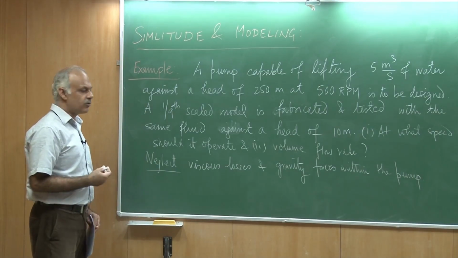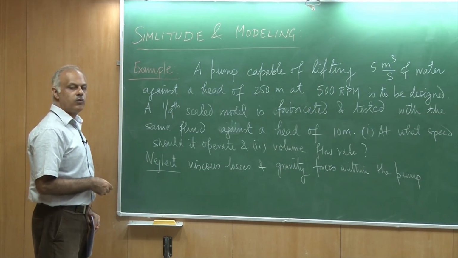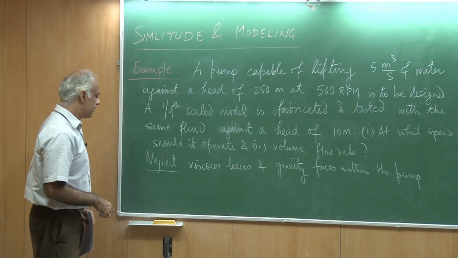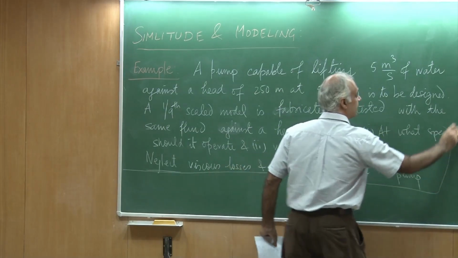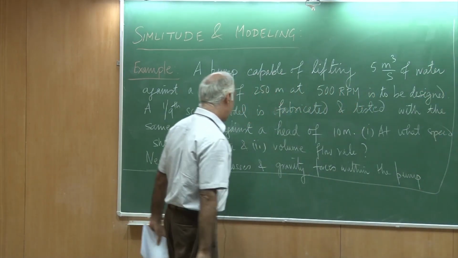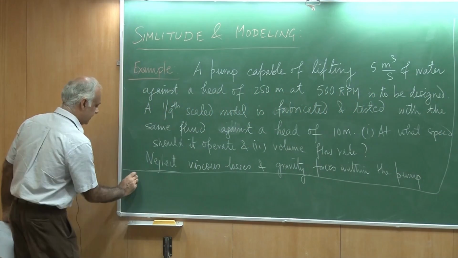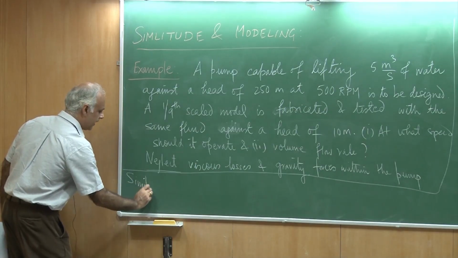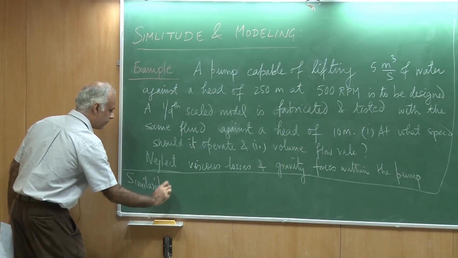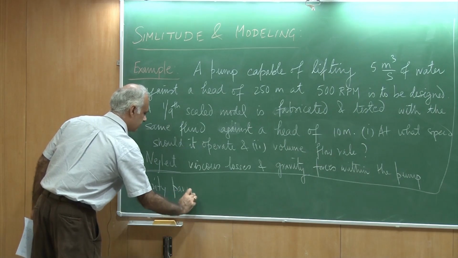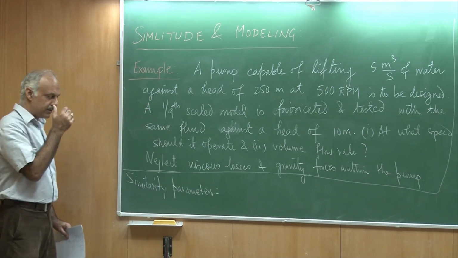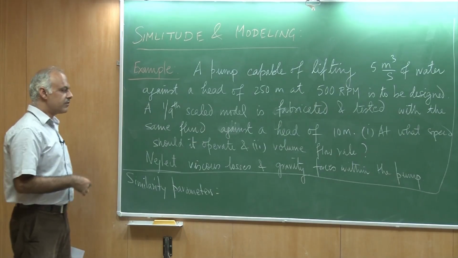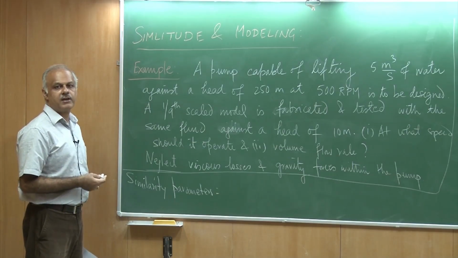So, first question that we need to answer is what are the relevant similarity parameters. So, that's the problem statement, and here I would like to first ask what similarity parameters I should be worried about. So, let us go one by one. We are told the viscous losses inside the pump are not important.